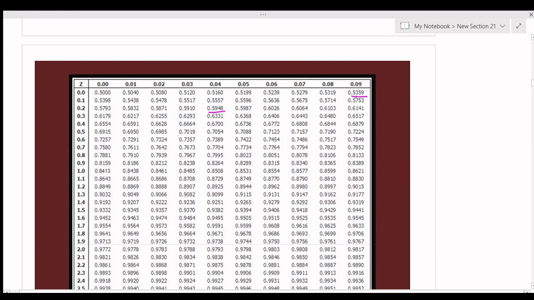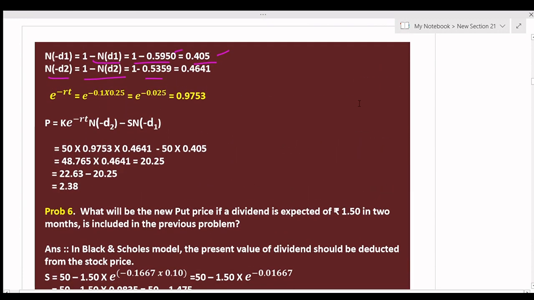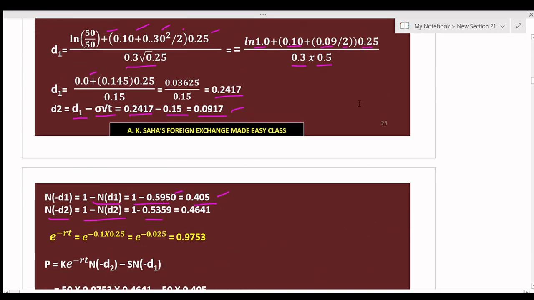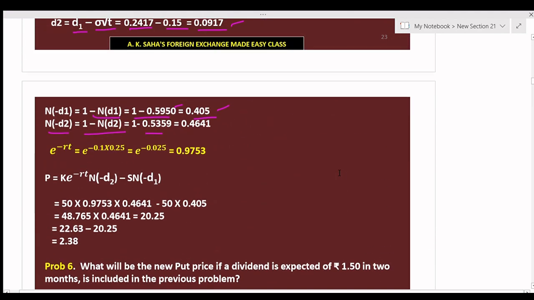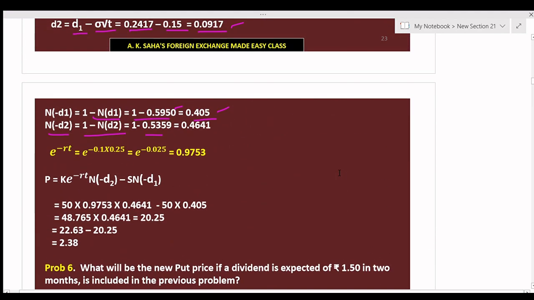For 0.0917, 0.5253, 0.5359, sorry. Here it is taken as 0.5359, and 1 minus 0.5359 is equal to 0.4641. Now e to the power minus rt is equal to e to the power minus 0.1 into 0.25, that is e to the power minus 0.025, is equal to 0.9753.